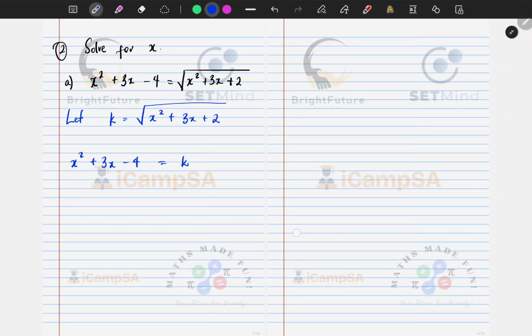But there's one thing that I notice here. I have x, I have k, and I want to work with only the values of k.